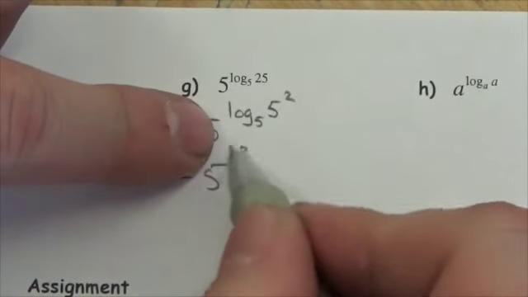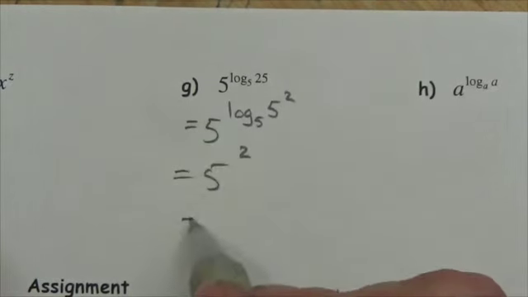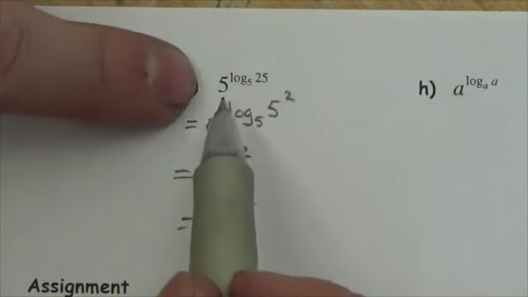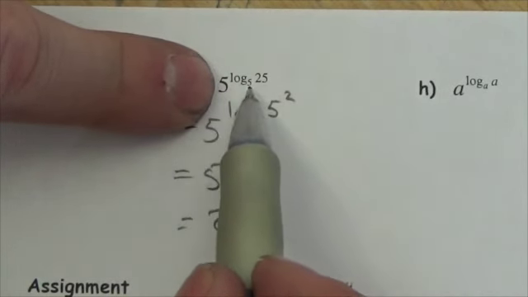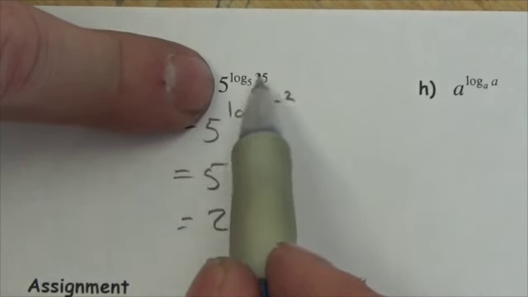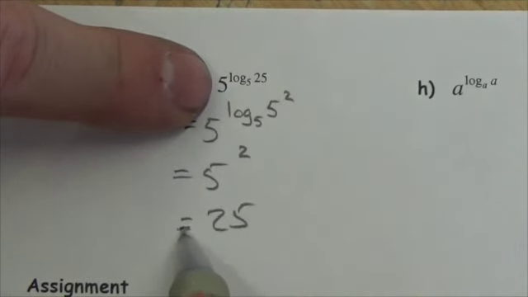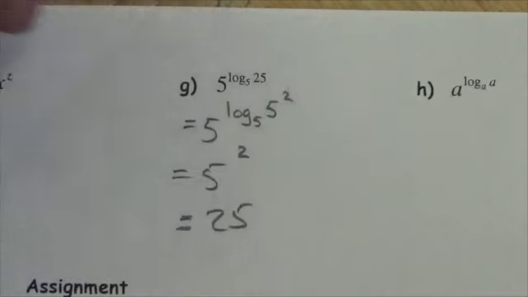So that whole exponent is just going to become 2. And then 5 squared is 25. So now, looking at this, 5 to the log base 5 of 25, whatever that was became the final answer. And that was actually one of those rules that we'd seen before.